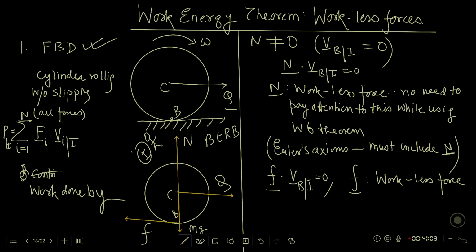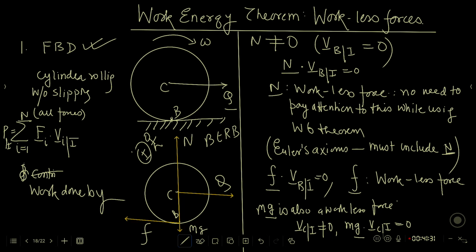In fact, in this case, mg is also a workless force. Why is it workless? Now here Vci is not equal to 0. But if you take the dot product of mg with Vci, that will be 0.